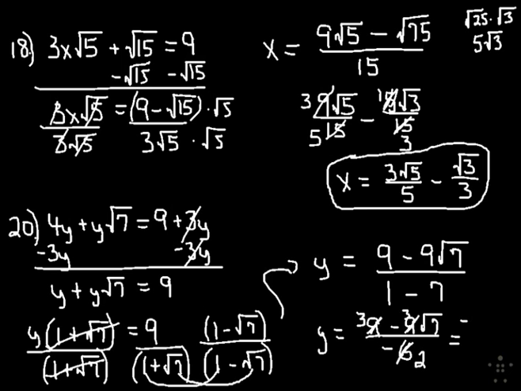So we're going to get negative 3 plus 3 square root of 2 all over 2. I kind of ran out of room there, so hopefully you can see that. So negative 3 plus 3 square root of 2 all over 2.